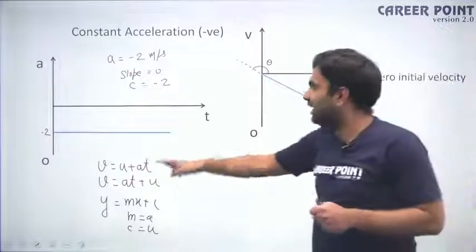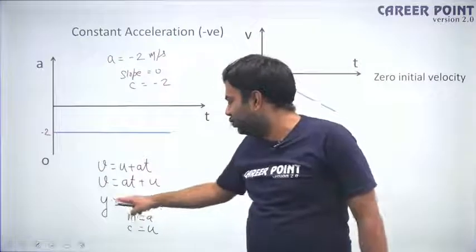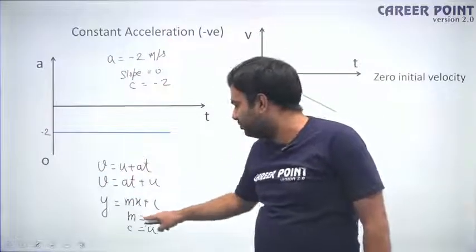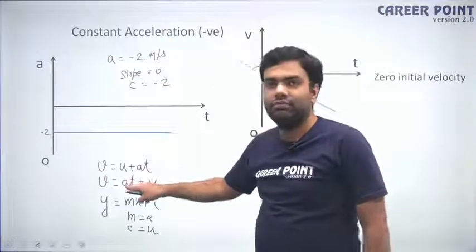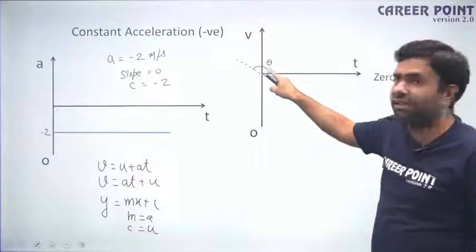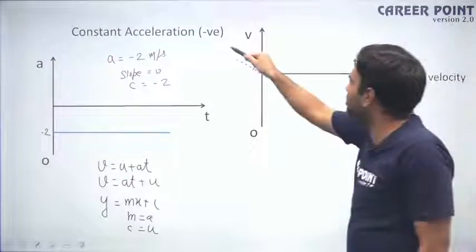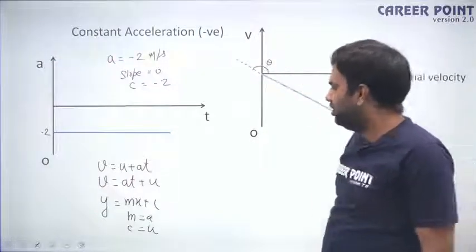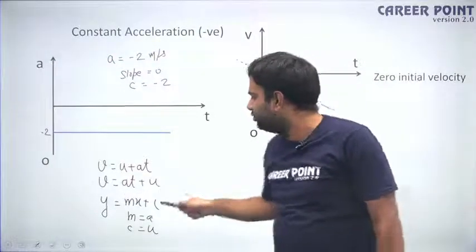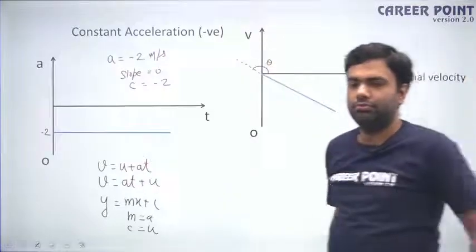So because acceleration is negative in the equation y equals mx plus c, this m, which is acceleration, is negative, so we have an angle greater than 90 degrees. And this is for zero initial velocity, that means the graph is passing through the origin. Zero initial velocity means c equals 0, so the graph is passing through the origin.